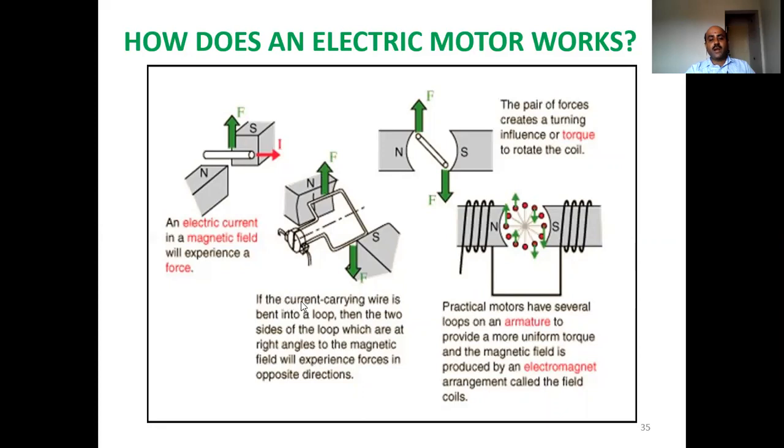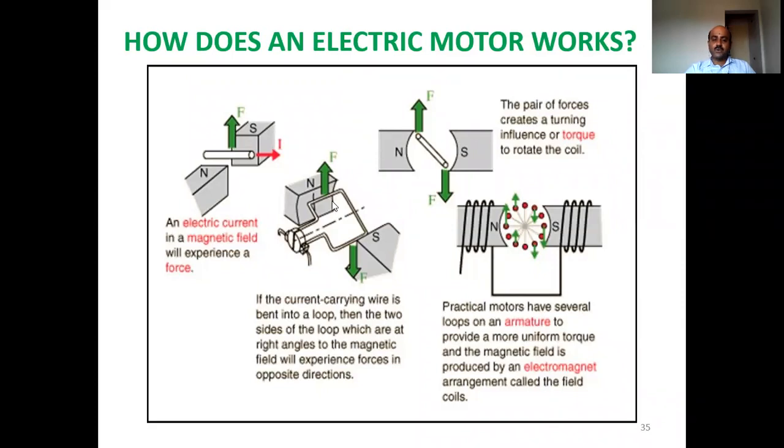Now, if the current carrying wire is bent into a loop, this is only a single conductor or a single wire. If this wire has been bent into a loop in this way, just look here, then the two sides of the loop, which are at right angles to the magnetic field, will experience forces in the opposite direction.